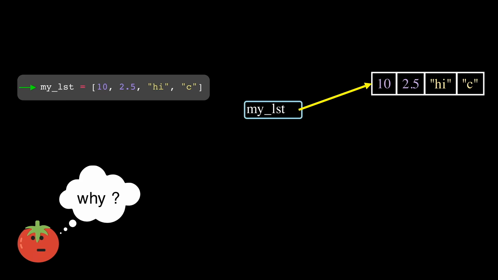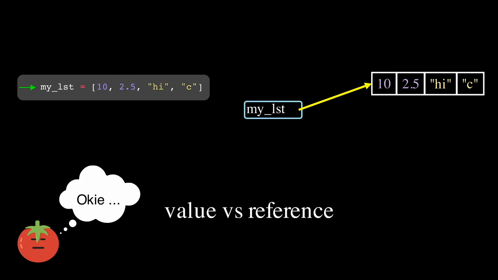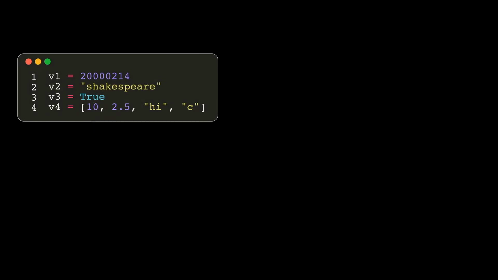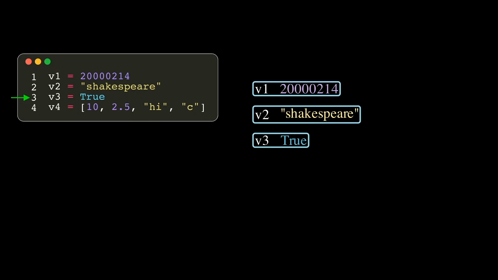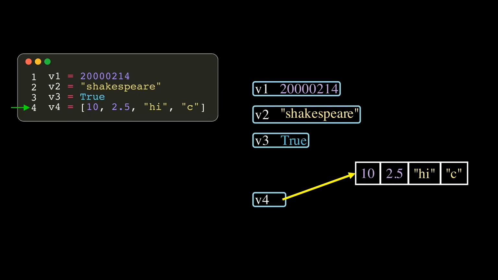Strange indeed. In a later chapter called Value versus Reference, we'll have a much more in-depth conversation about this and understand why it's really important. For now, it's good to have this mental image: for variables such as number, string, boolean, the actual data is stored, but a list variable only stores a reference to the actual list.